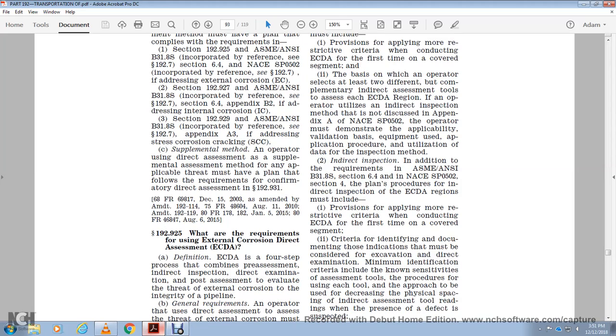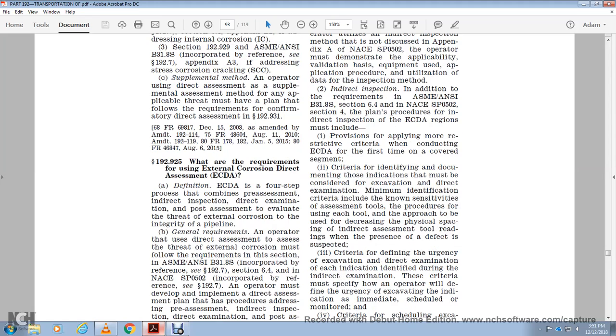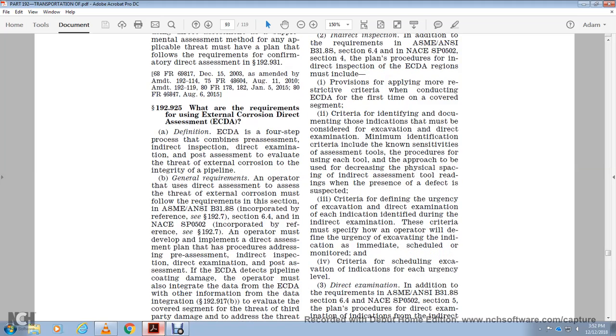Criteria identifying and documenting indications must be considered for excavation and direct examination, including minimum identification criteria with the known sensitivity of the assessment tool, procedures using each tool and approach with decreasing physical spacing, and direct assessment tool readings when a defect is present. Criteria defining the urgency of excavation and direct examination for each indication identified during the indirect examination must specify how an operator will define the urgency of excavation, whether immediate, scheduled, or monitored, and the schedule for excavation based on the urgency level of the indication.